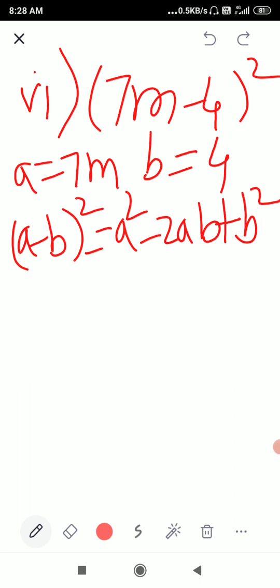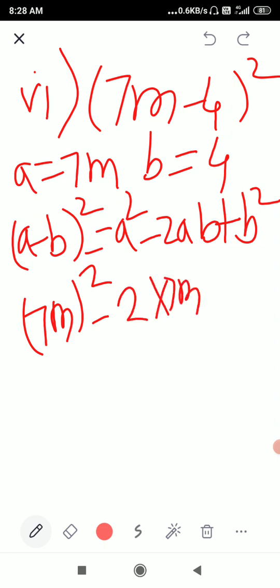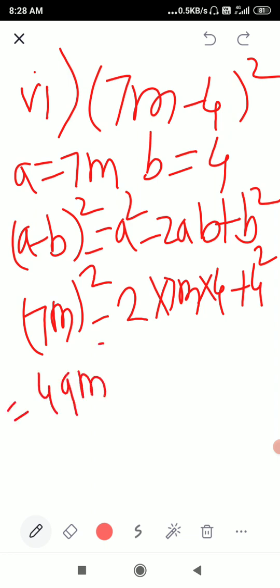Now here (7m) square minus 2 into 7m into 4 plus 4 square. So 7m square is 49m square. Now if you multiply, you get 56m plus 16. So this is the sixth one.